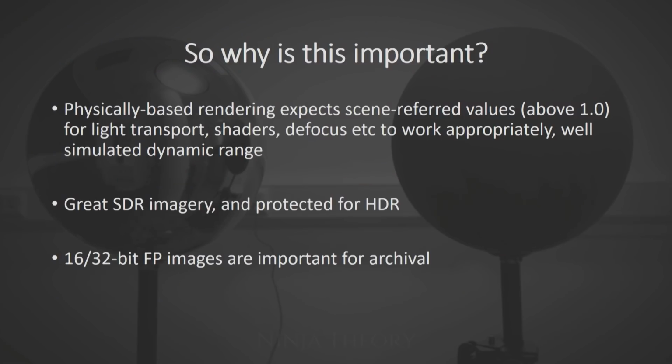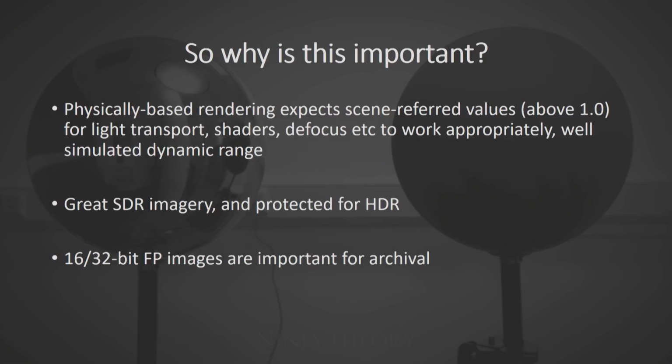Okay, so again, why this is important: physically based rendering is going to expect scene referred values for the specular, diffuse, and global illumination. But not only that, post-processing effects like Z defocus and motion blur all expect scene referred values to carry out their calculations properly. And again, if we make sure that we tone map all this properly, we just out of the box tend to get better looking standard dynamic range imagery. But because we're working in scene referred, we're also protecting ourselves for when we want to go off and do HDR versions.